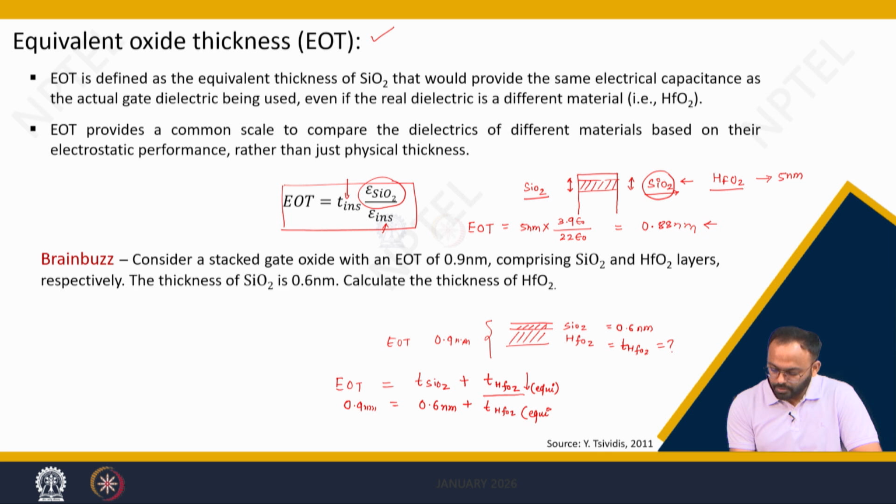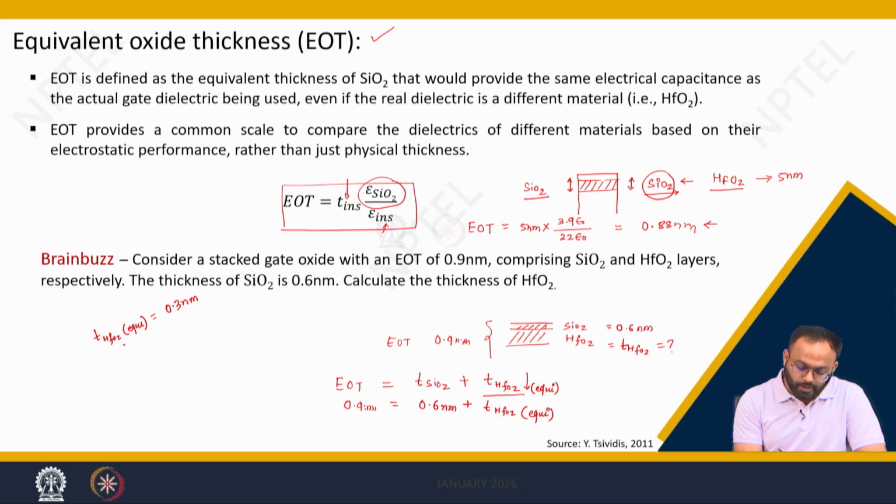So the equivalent HfO2 thickness is 0.9 nanometers minus 0.6 nanometer, which is 0.3 nanometer. This is what silicon is experiencing, and I am interested in the physical thickness.